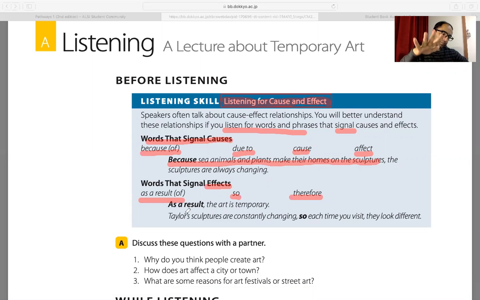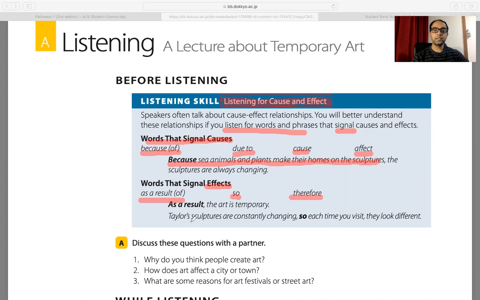Maybe in the listening, you will hear about three different types of temporary art today. For example, the artist makes his work of art on a beach. When there is a sea wave, the wave washes the artwork away. As a result, the art is temporary.